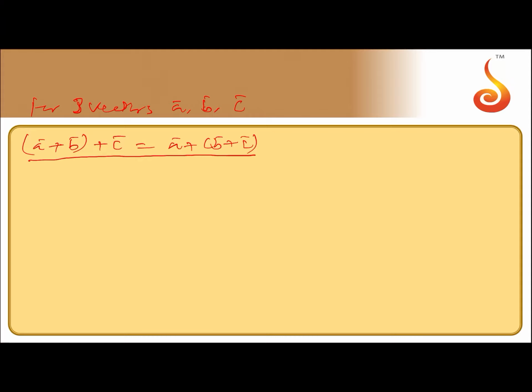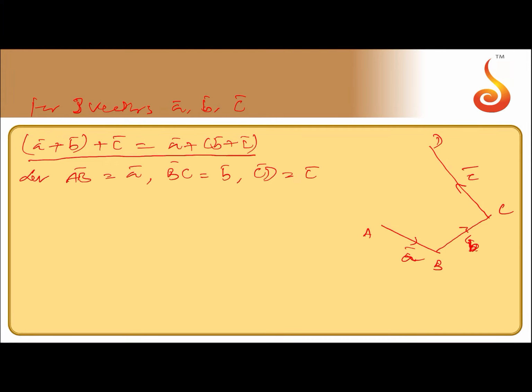Suppose I take up a diagram here, so that vector A bar is equal to AB bar, a vector from A to B. B bar is a vector from B to C. And C bar is a vector from C to D. So let me assume that AB bar is equal to A bar, BC bar is equal to B bar, CD bar is equal to C bar.